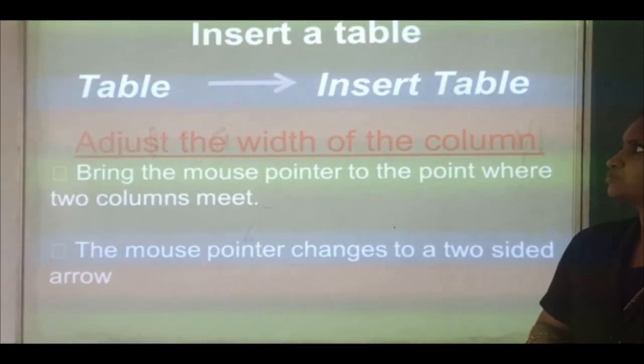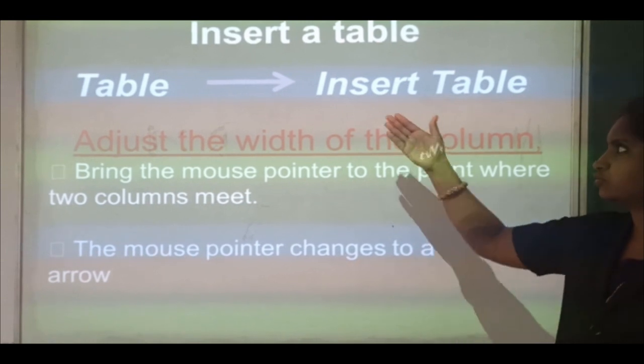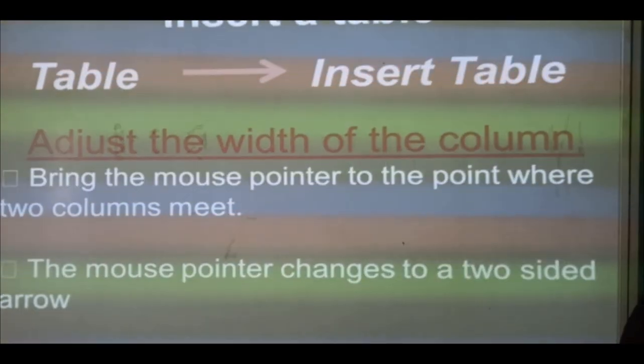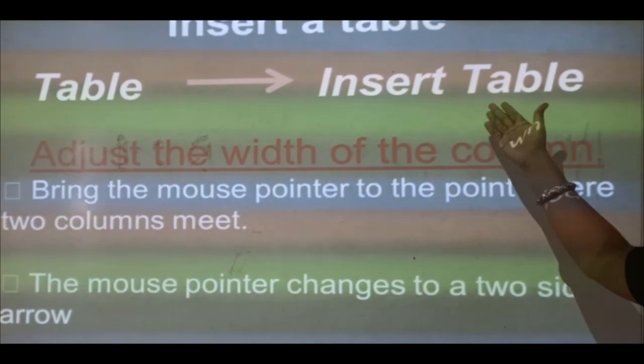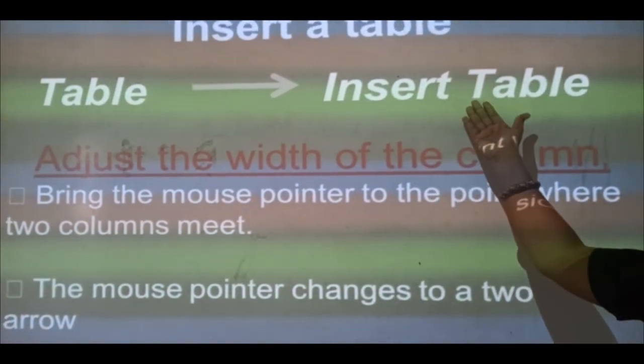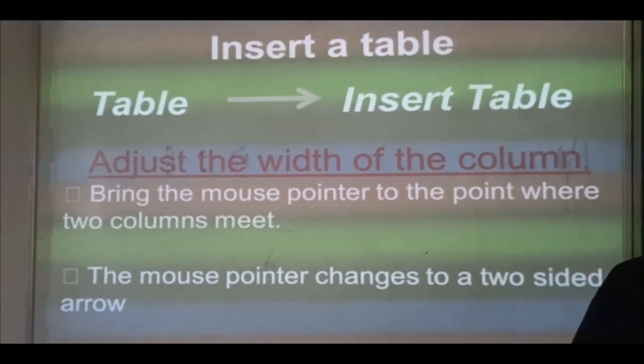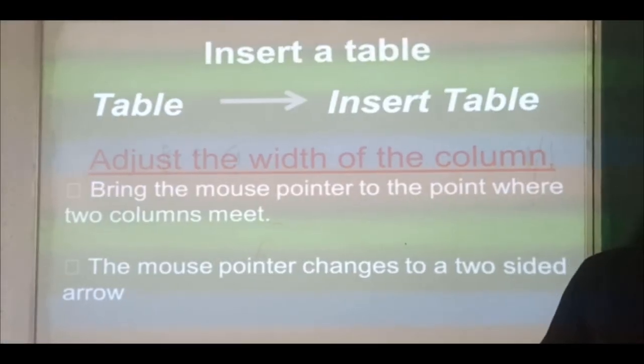And also you have an option in the insert menu. You can choose table and insert table. Here also you have the option table and insert table. In this you will get a dialog box and you can include the number of columns and rows.